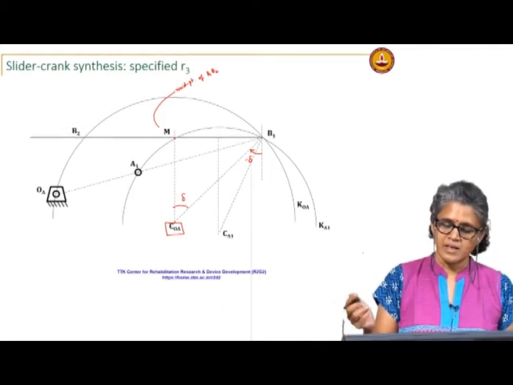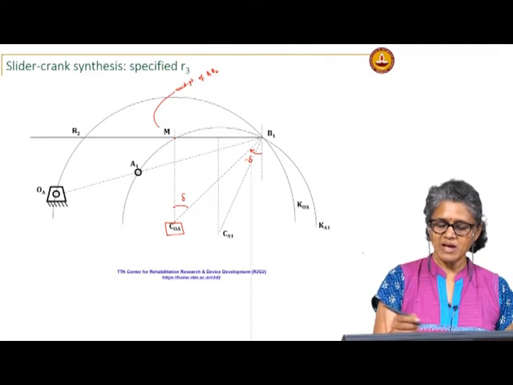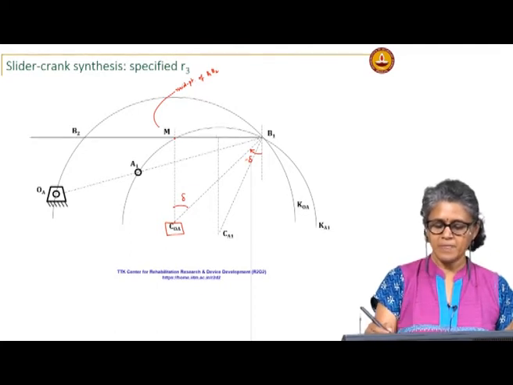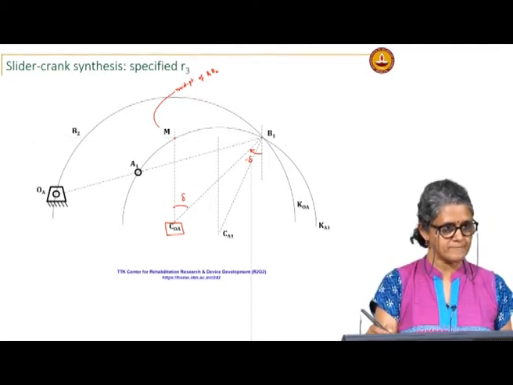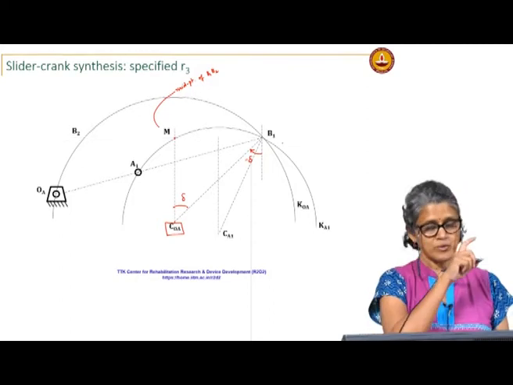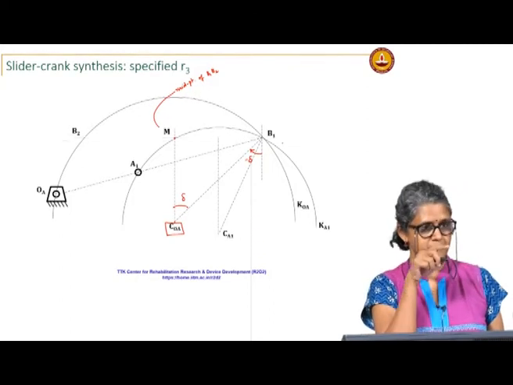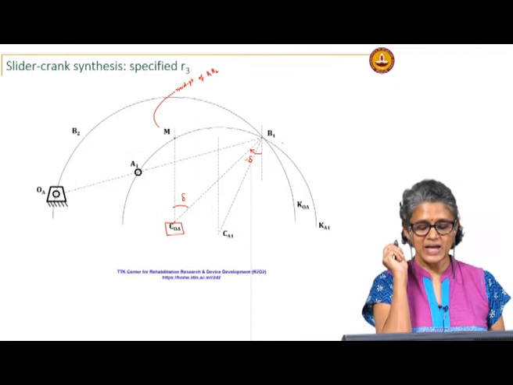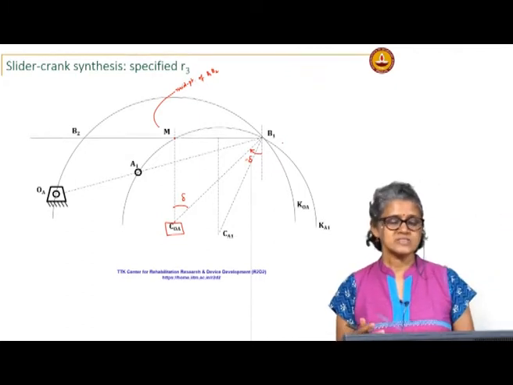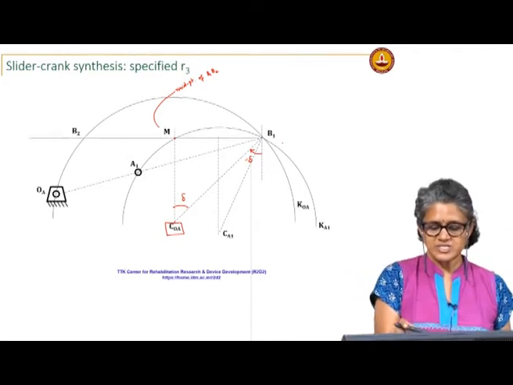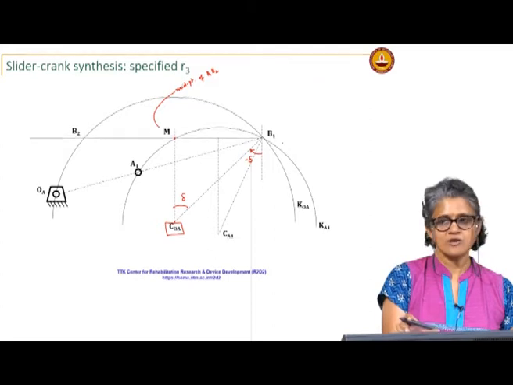Okay. Then I also have this additional information that B1M. I am looking for the point A that has to lie on a circle for which this chord makes a central angle of delta.